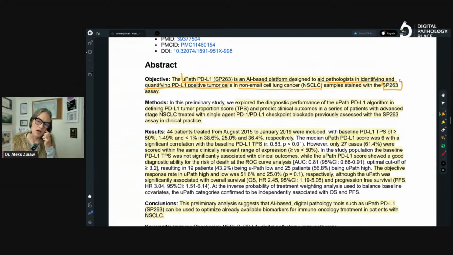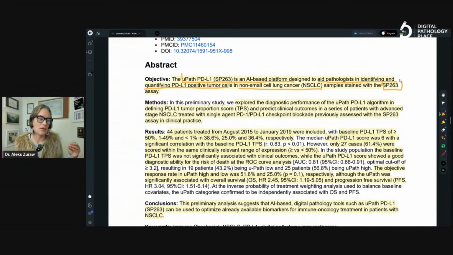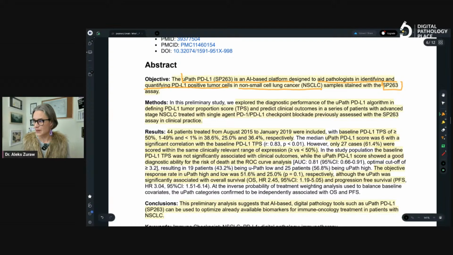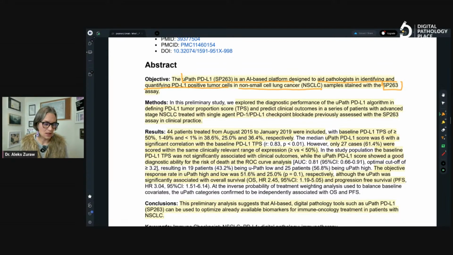There are several antibodies that are used for this. In research, you can take any antibody, but there are several that actually have the status of a diagnostic test, and SP263 is one of them. I'm just looking if there are any other comments. Not at the moment, but please let me know if you have any questions.